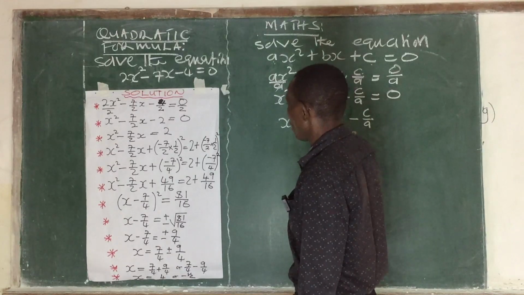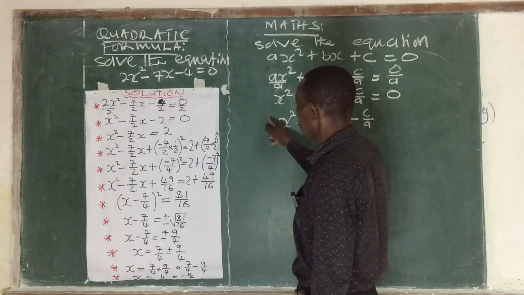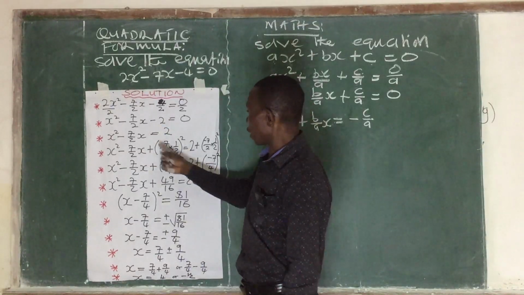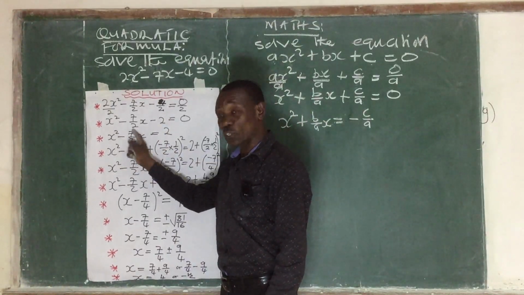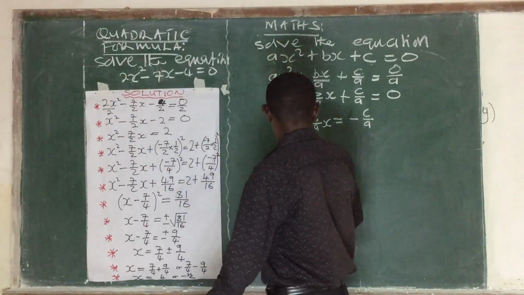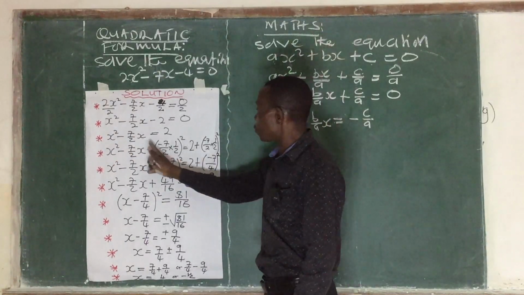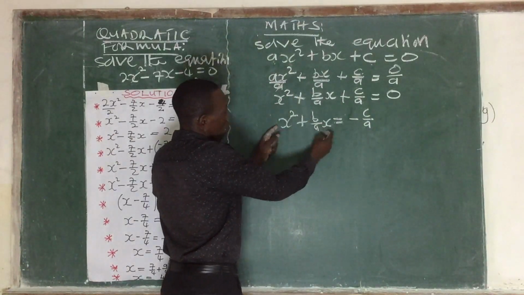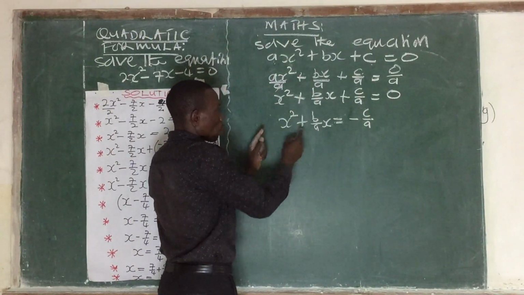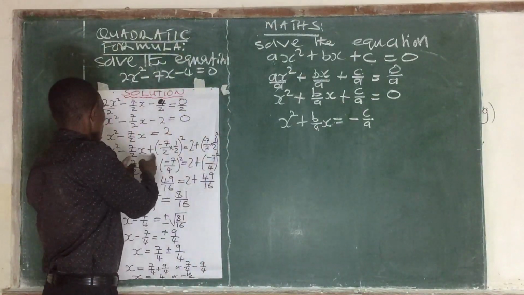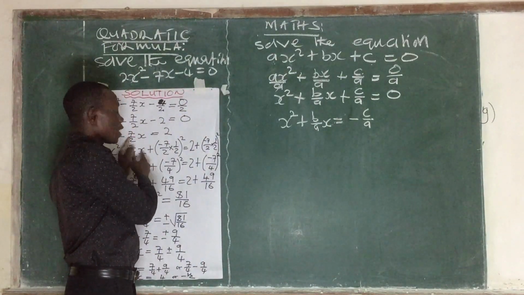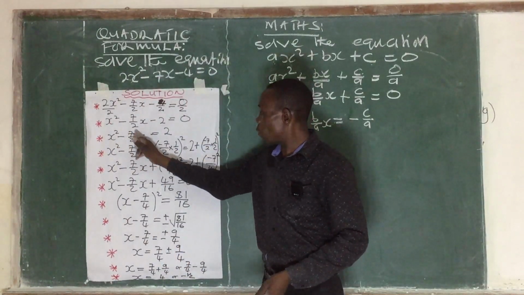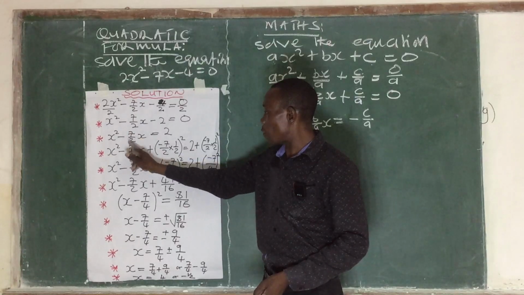Now, if you look at this stage and this stage, they're almost the same. Next, what are we going to do to the left-hand expression? What we do here is the same that we're going to do here. We make this one a perfect square, so we're also going to make this one a perfect square. You find something that can be added here to make the perfect square. I said you consider the coefficient of the non-quadratic term, which is 7 over 2.